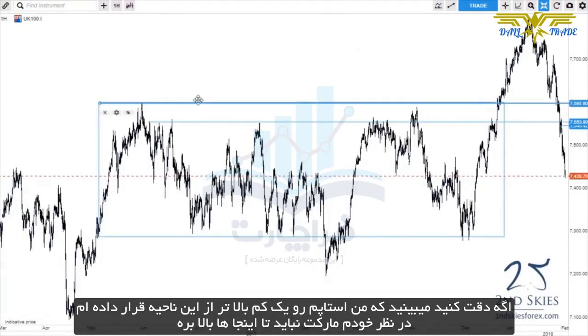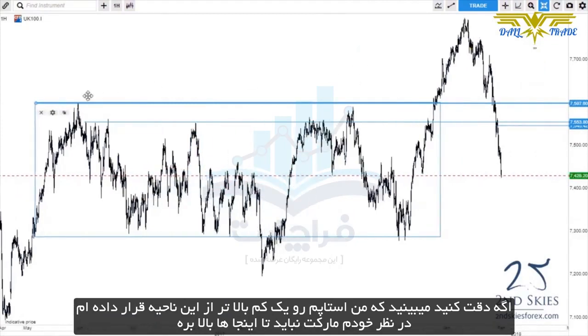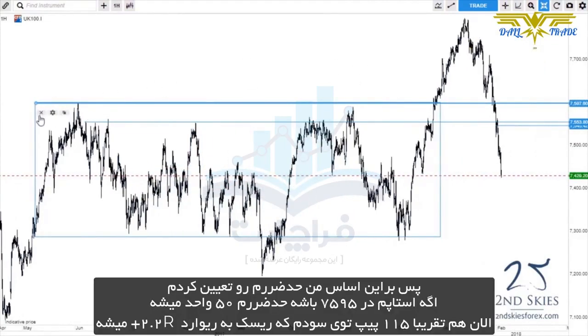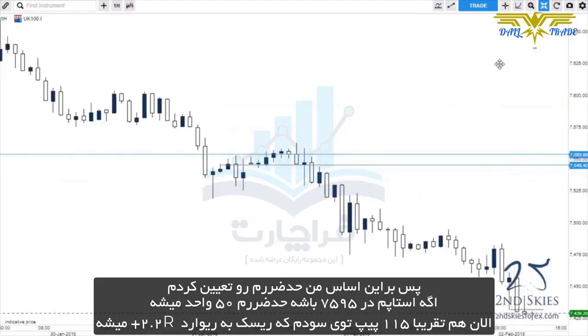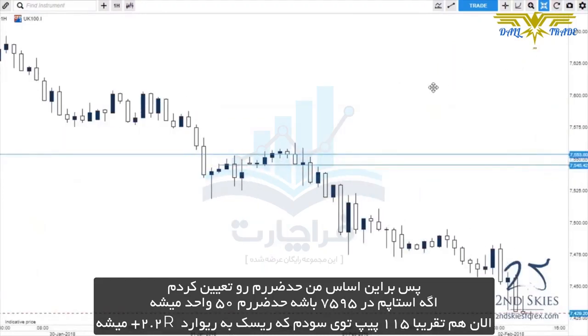I felt like the market should not go this high. So that's where I put my stop loss on that one. So a 50-point stop at 75.95. Currently we're up about 115 points, so we're up about 2.2 R at this point.